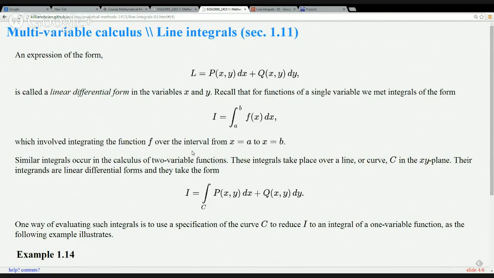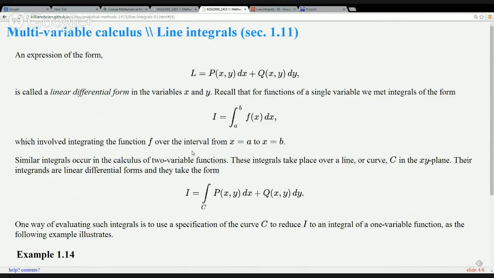Okay, but there are a few different types of integrals that can arise when you're looking at functions of more than one variable. Now, as we have done up to now, we'll concentrate a lot on the two variable case, look at some cases of functions of three variables, and talk sometimes about the generalization to arbitrary numbers of variables.